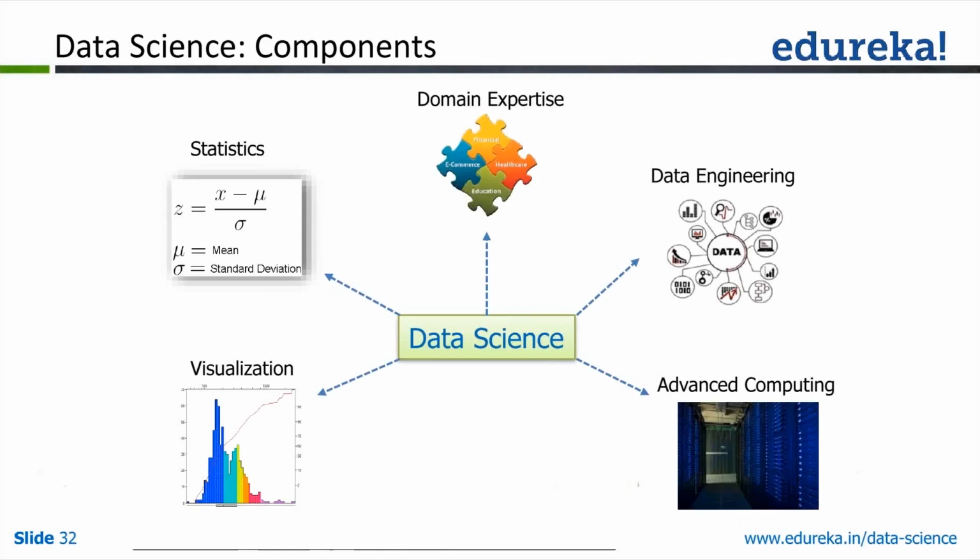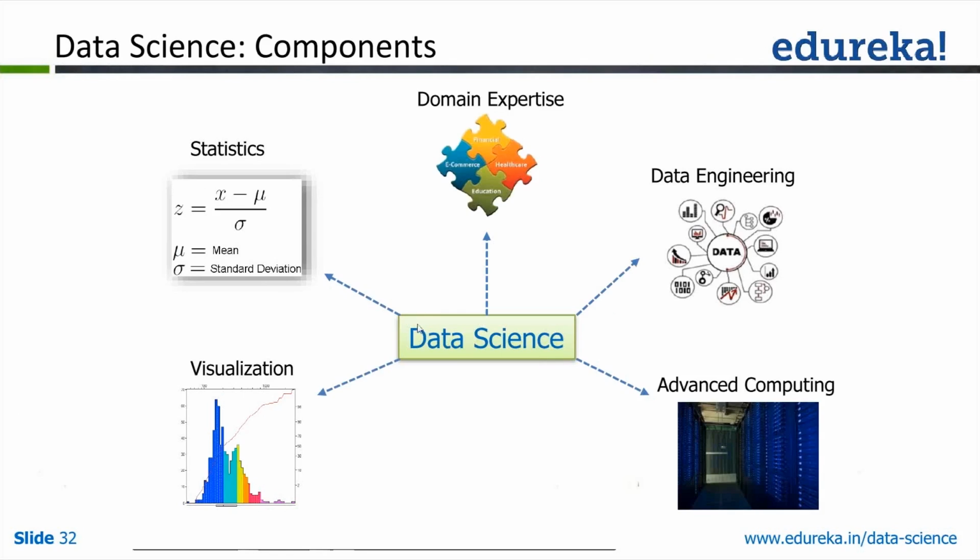Okay, and so if you remember, when the class just started, I told you no one knows what exactly a data scientist is supposed to do, right? And this is exactly why I said that, because data science has flavors of multiple components.